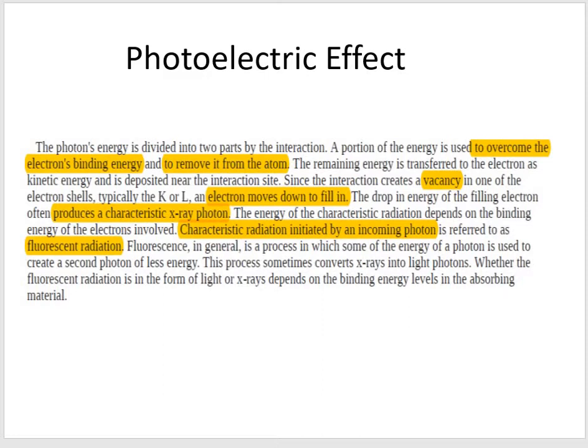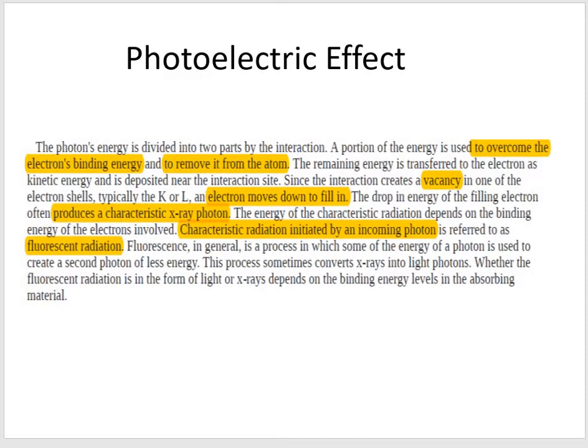So most likely the fluorescent X-ray or characteristic X-ray photon produced within human tissue will have its energy absorbed by another electron within that atom, and this will eject an Auger electron.